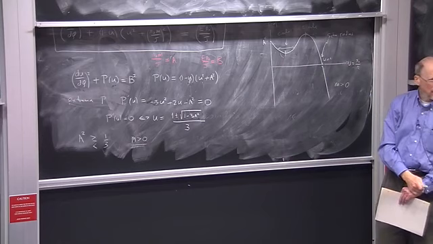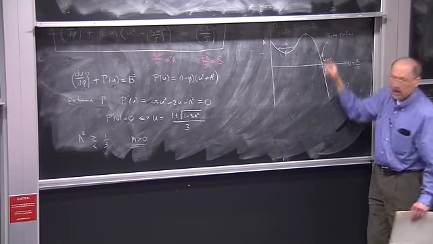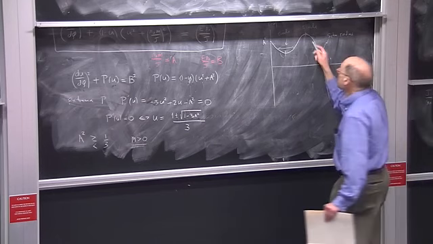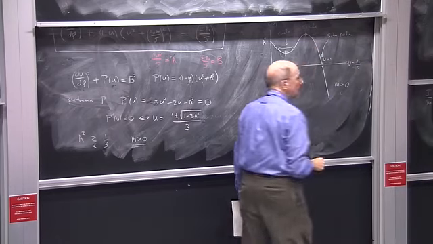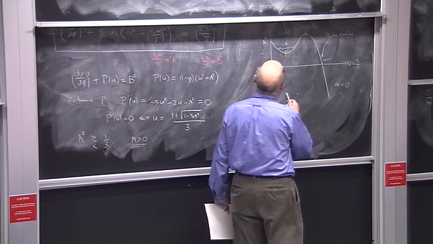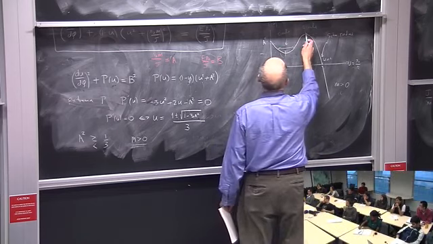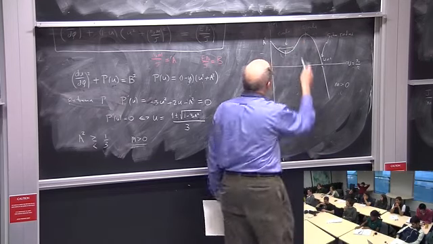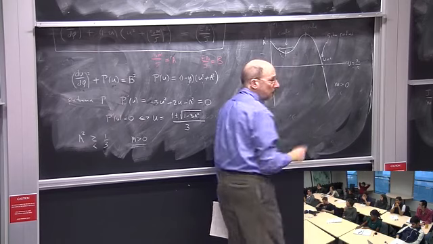Does anyone know? This one here. If he kicks this way, in any case, it'll go out to a quite large radius. Whether it comes back is what I'm not sure. I think somehow this is higher than this. If that's true, then it means it'll make it all the way out to infinity.